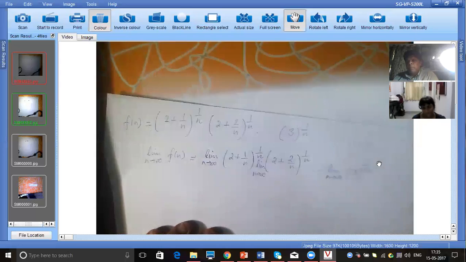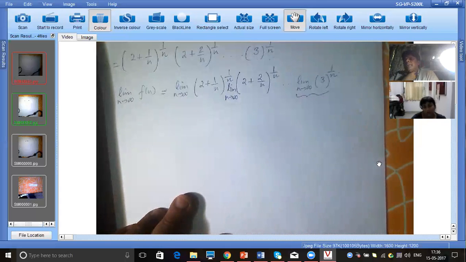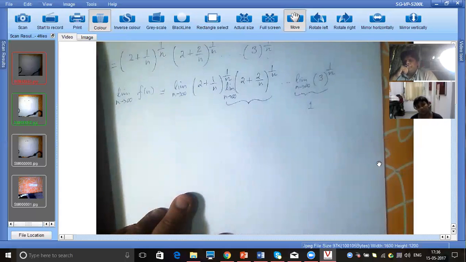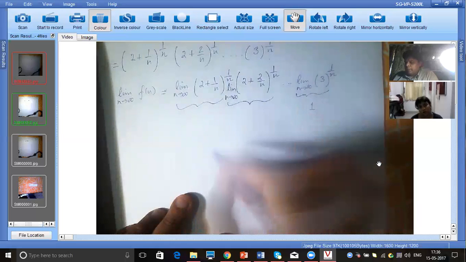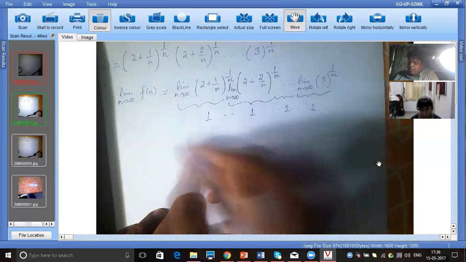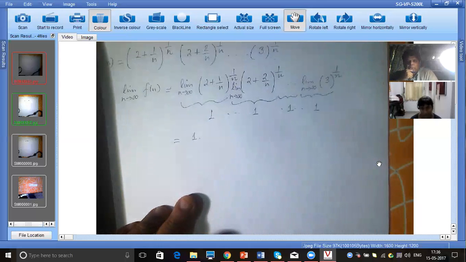So what happens now? As n keeps going towards infinity, what will happen to 3 to the 1 by n? It goes to 1. What about this? 1. What about this? 1. So each of these goes to 1. So this entire thing goes to 1. That's the limit.